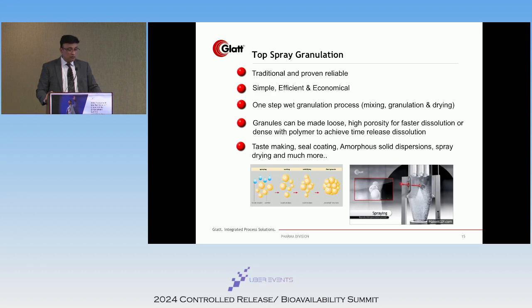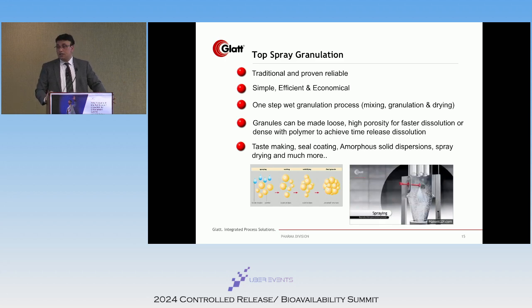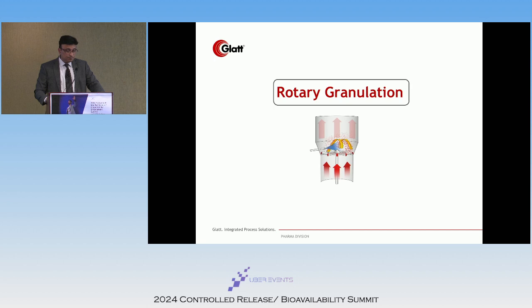The granules that come from here can go into a tablet, can be filled into a capsule, and you can also put them in a sachet with many different excipients to mix with, and that could be an ODT, or orally disintegrating tablet, as well. So there are multiple applications of this process to get the desired delivery system.